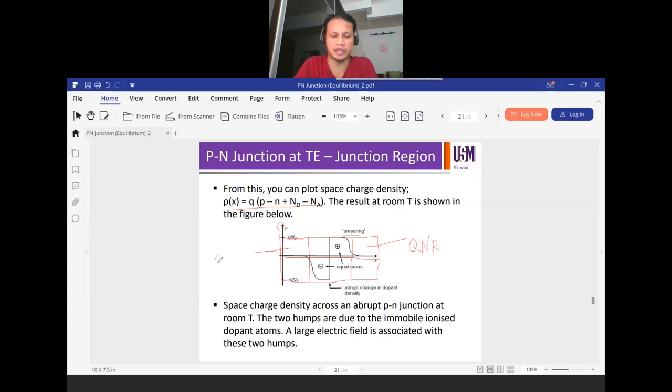There's no space charge region in the quasi-neutral region. In this middle region, it's called the depletion region or space charge region.